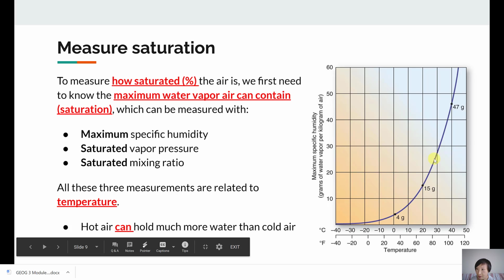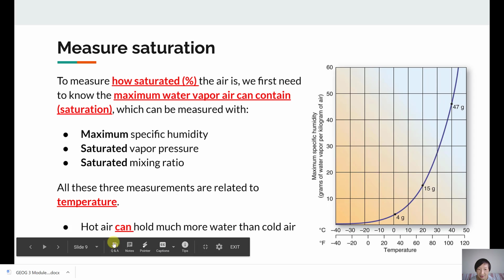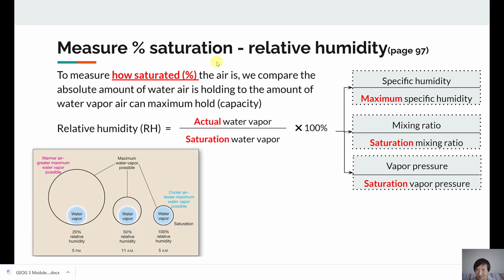But when you increase your temperature, you can hold a lot more, right? So hot air can hold more water. Then we can measure the percentage of saturation using relative humidity, right? The relative humidity is the actual amount of water vapor now in your air divided by the capacity, the saturation water vapor.